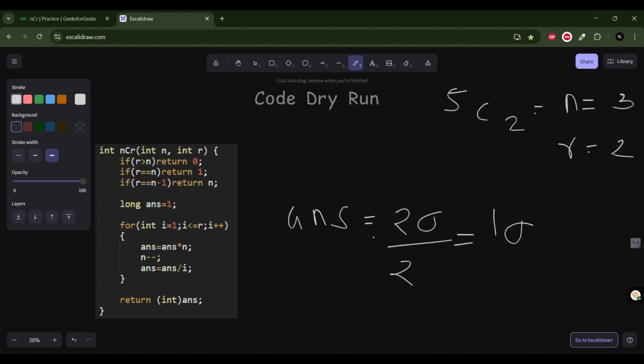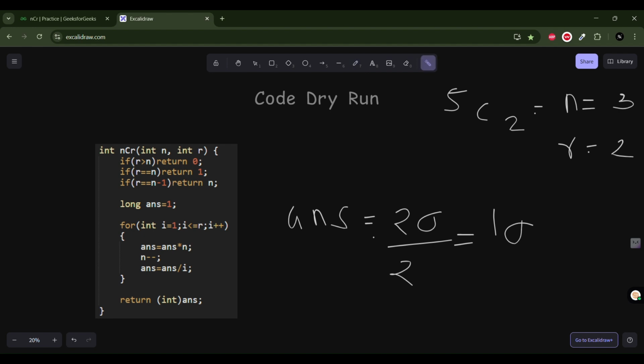Now i reaches the limit, i is equal to r, r is 2, so we exit the loop. After that, our answer holds 10, we typecast it into int, and we return the int. This is this much simple code.